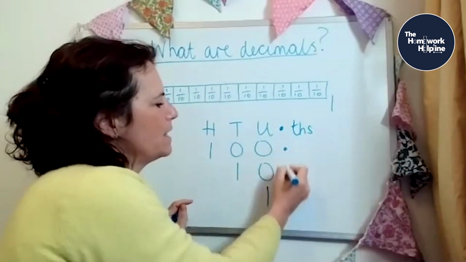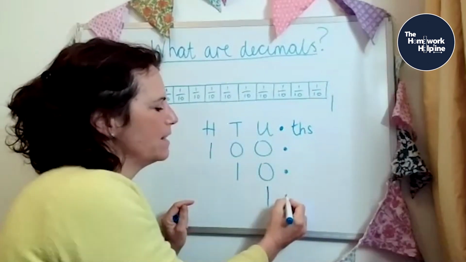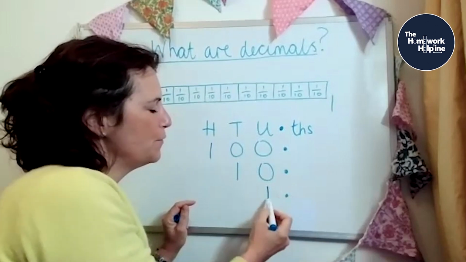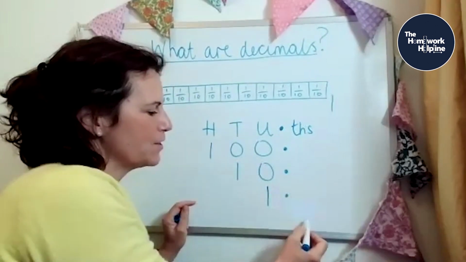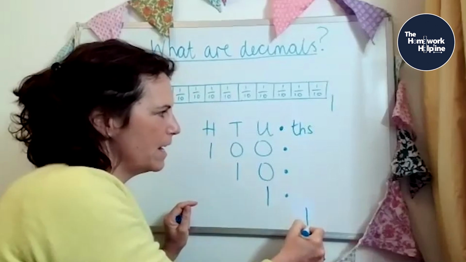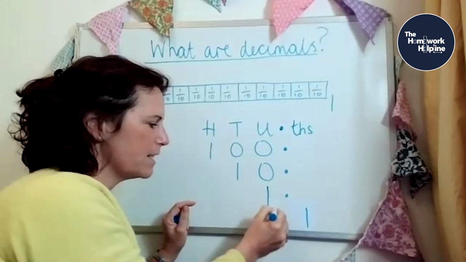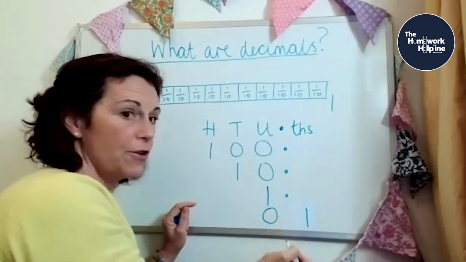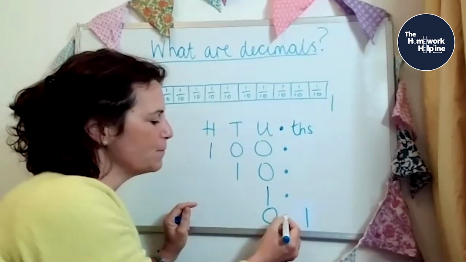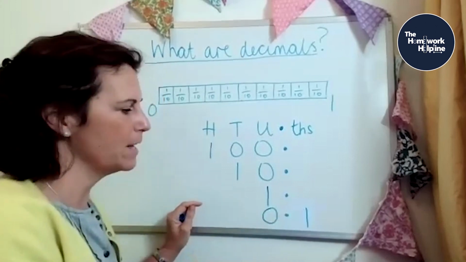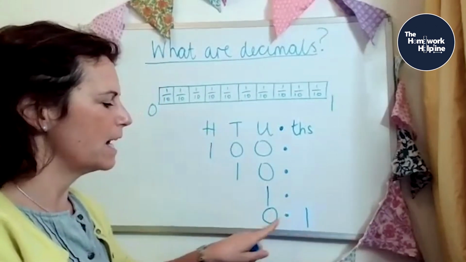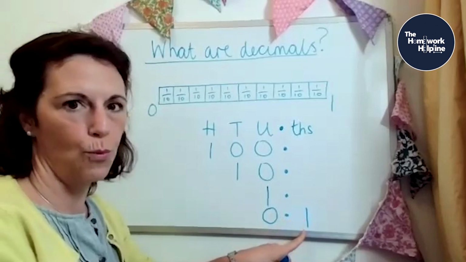Now, if we put our decimal points in here, I can move that 1 place to the right to make it smaller and put it in the tenths column. Now, I do need to write the 0 in the units column to show that there are no units, and I need to put the decimal point in there. So we write 1/10 as 0.1.